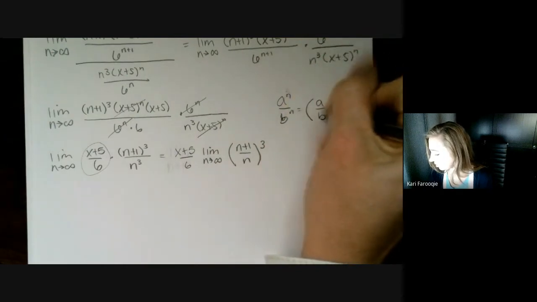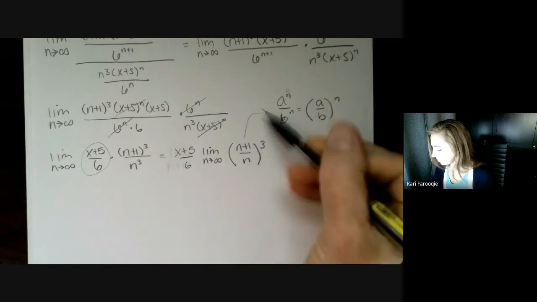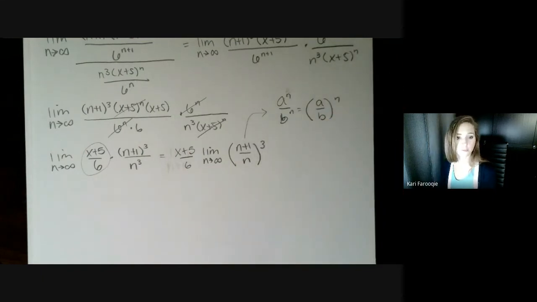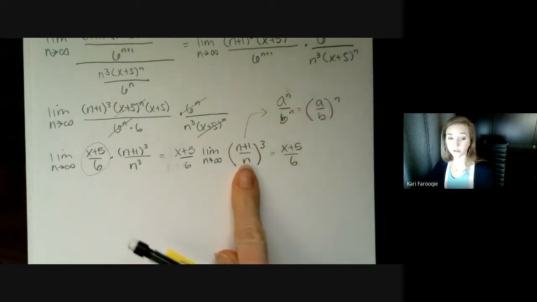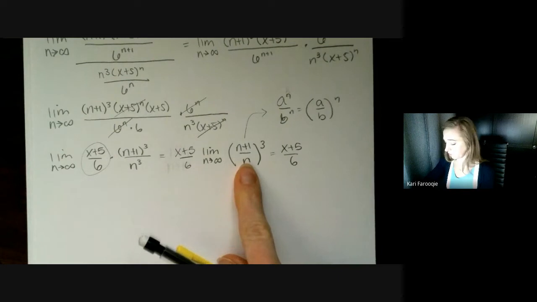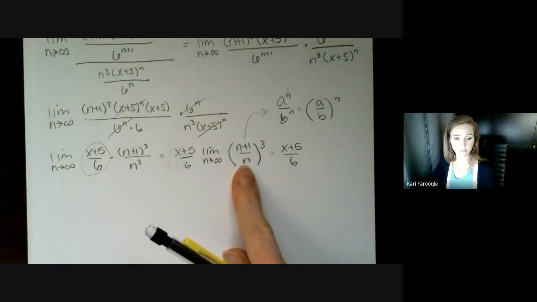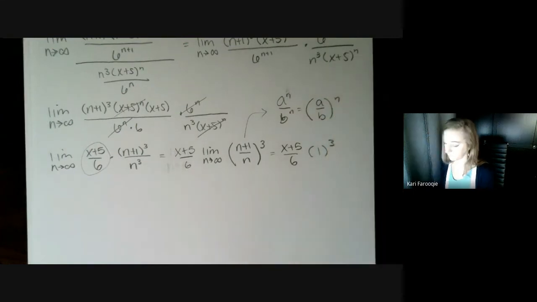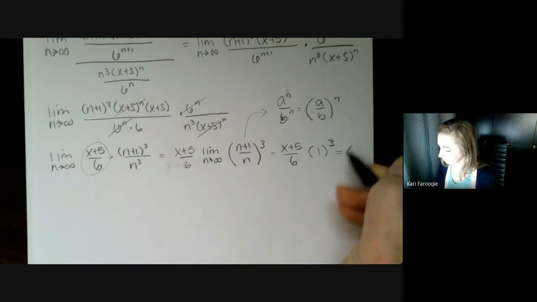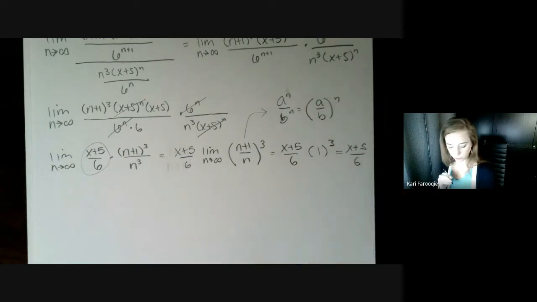We'll use that exponent rule here. So the limit inside this expression, well, the degrees in the numerator and denominator are the same. The limit's going to be the ratio of the lead coefficients, which is 1, and then to the third power. So your limit here is x plus 5 to the 6th power.